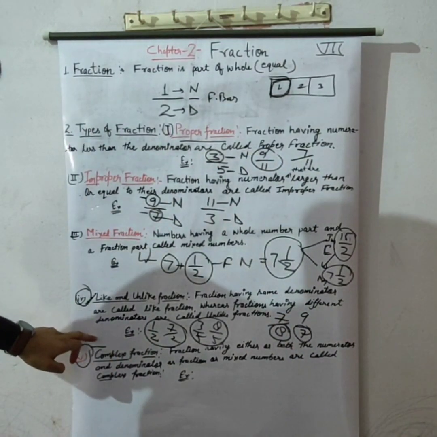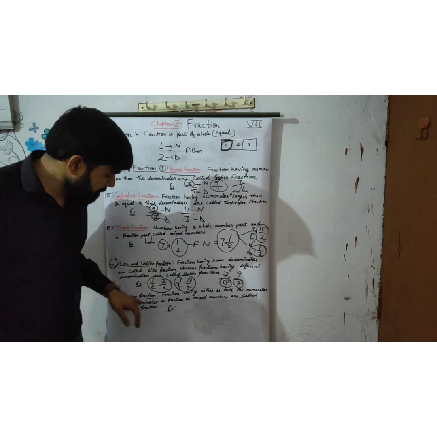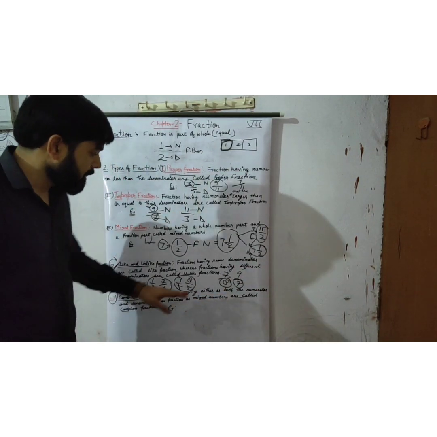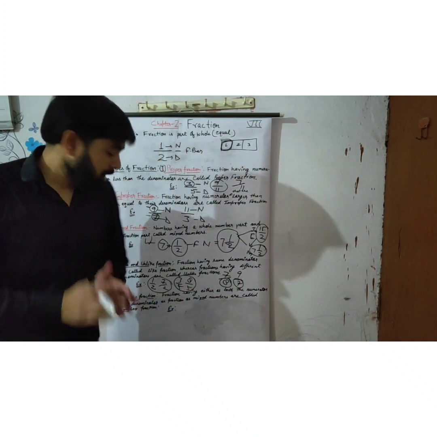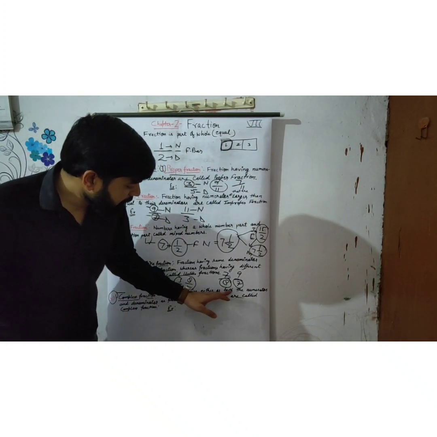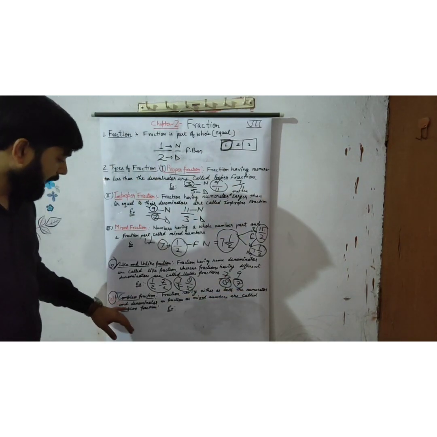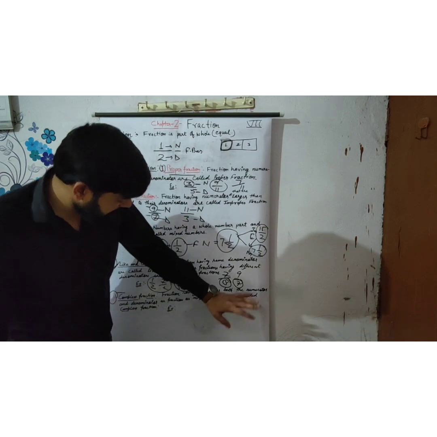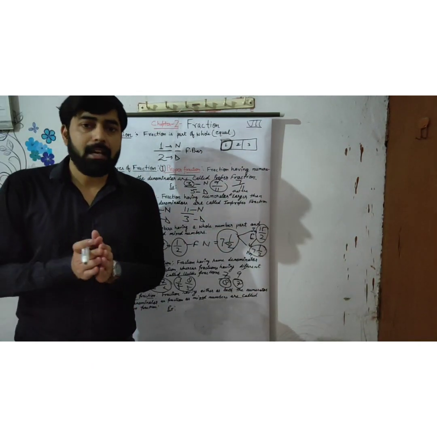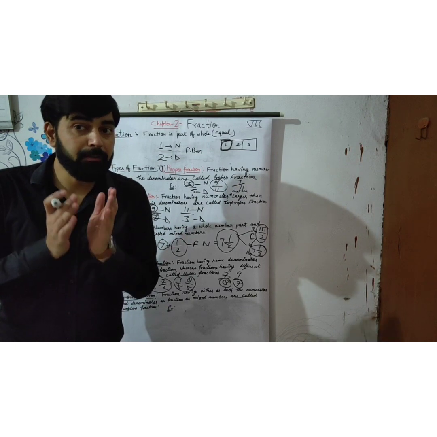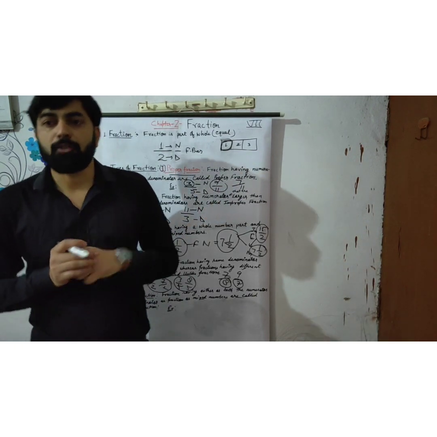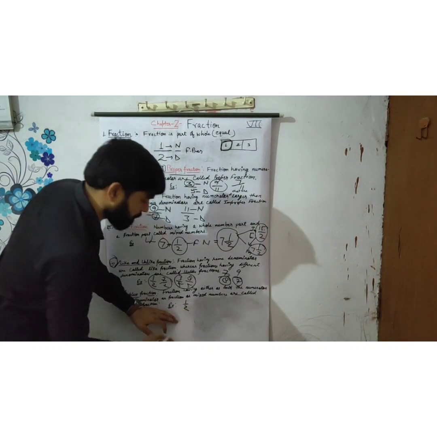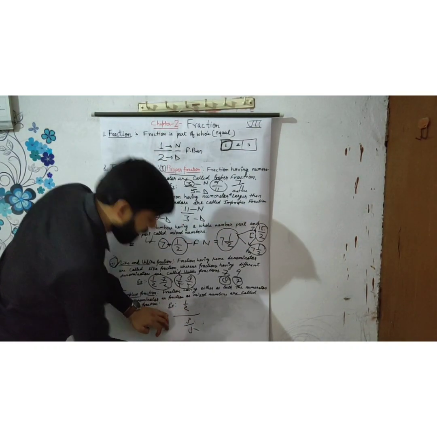Now next, a new fraction in class 7 is the complex fraction. This is a very important fraction. A fraction having either or both the numerator and denominator as a fraction or mixed number is called a complex fraction. Means if the numerator and denominator are both given in fraction form, that fraction is called a complex fraction. For example, 1 upon 2 upon 3 upon 5.